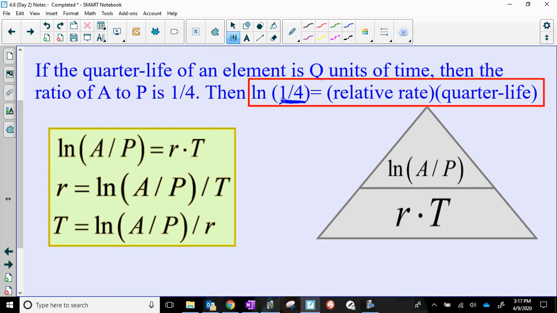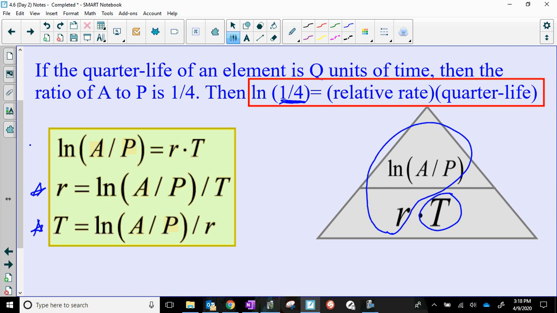So you can use your magic little triangle we talked about before. If you want to find the rate, that equals the log of the ratio over time, right? If you want to find time, take the natural log of the ratio over the rate.